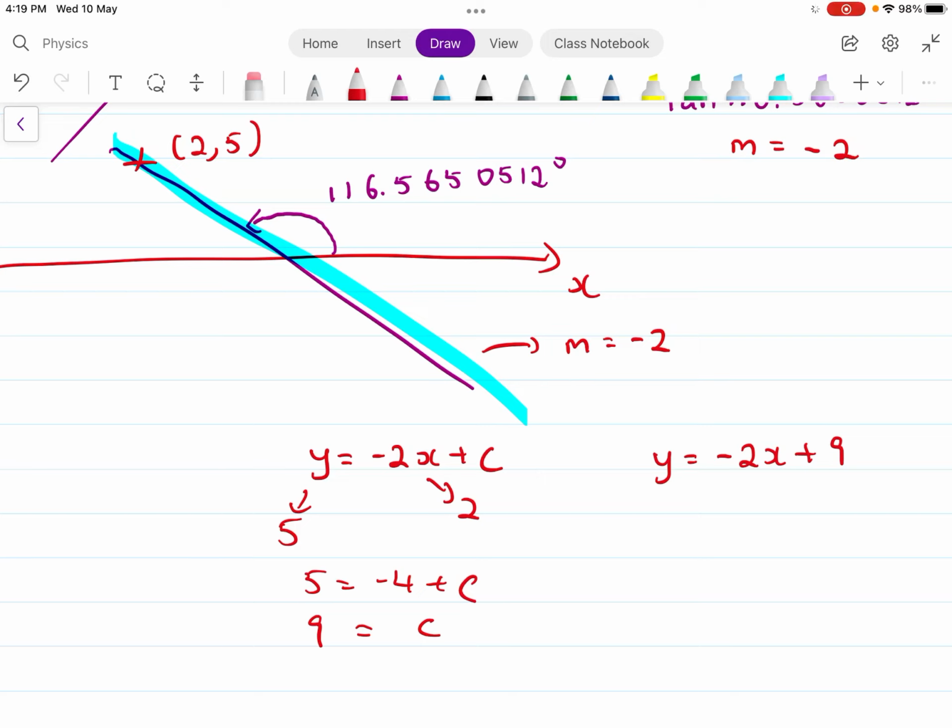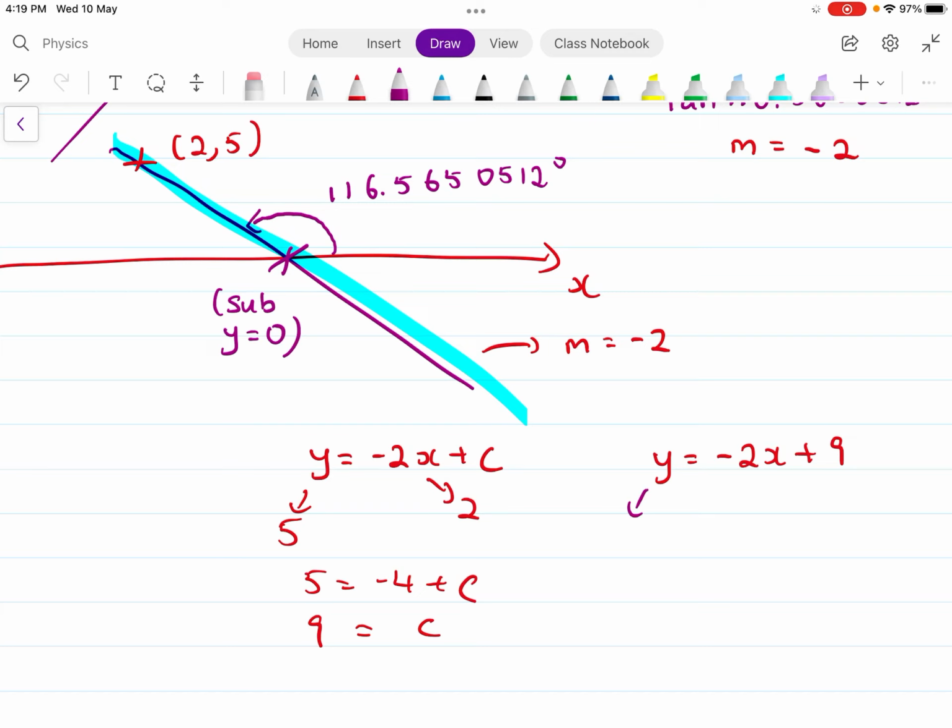Now let's determine what our Q is. Coordinate Q is simple because it's just where the line intersects the x-axis. Always remember, to find the x-intercept, you always sub y equal to 0, and of course you need the equation of PQ.